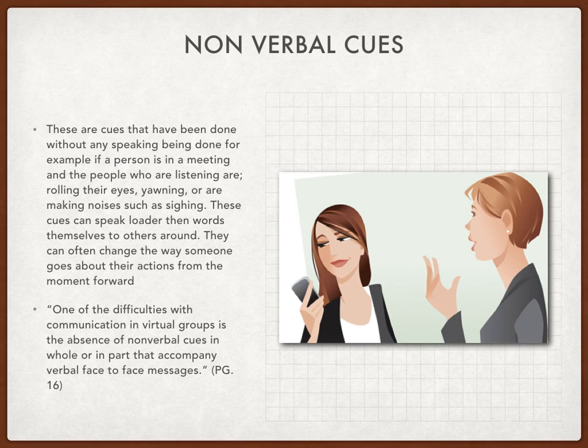For example, in a meeting, the person in the front is speaking, and of all the people around the table listening, one person is sighing, one person is yawning, another is rolling their eyes. All of these nonverbal cues are telling the speaker who's giving his presentation that they don't agree with what he's saying, they're bored, they don't want to be there. So that changes how he's going to present the rest of his presentation from that moment forward.